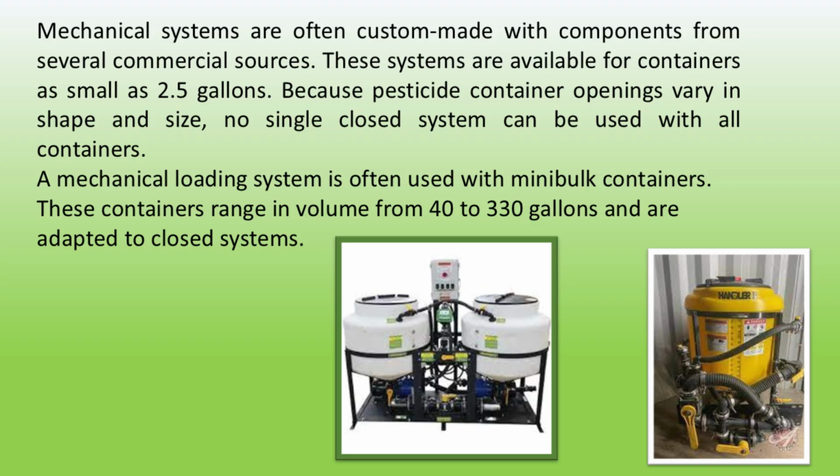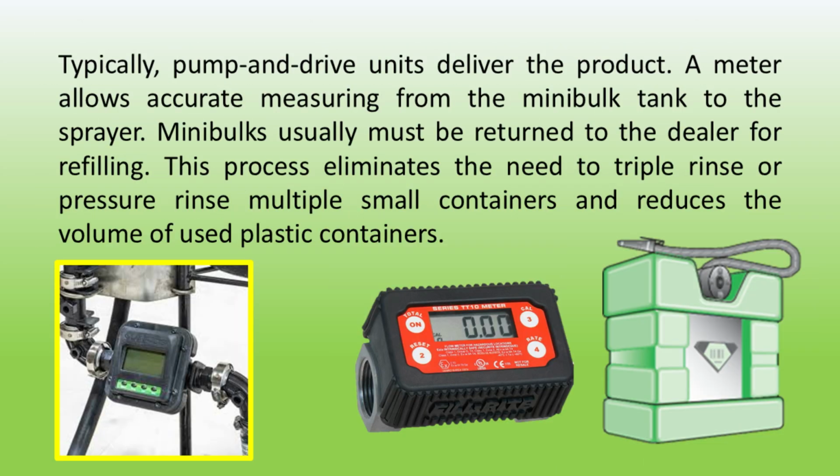A mechanical loading system is often used with mini bulk containers. These containers range in volume from 40 to 330 gallons and are adapted to closed systems. Typically, pump and drive units deliver the product. A meter allows accurate measuring from the mini bulk tank to the sprayer.